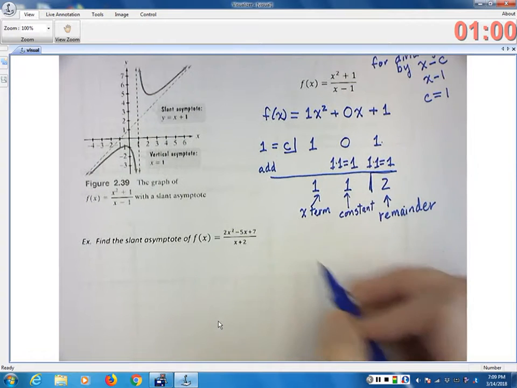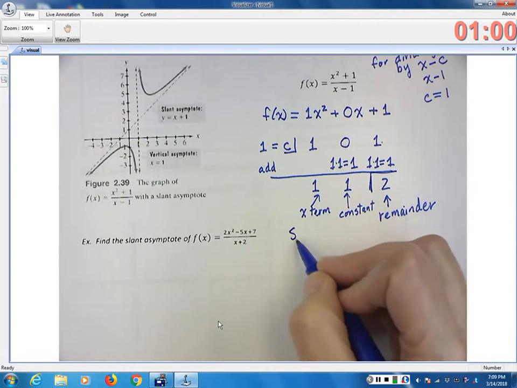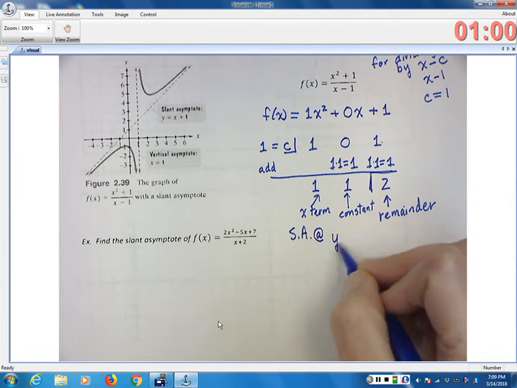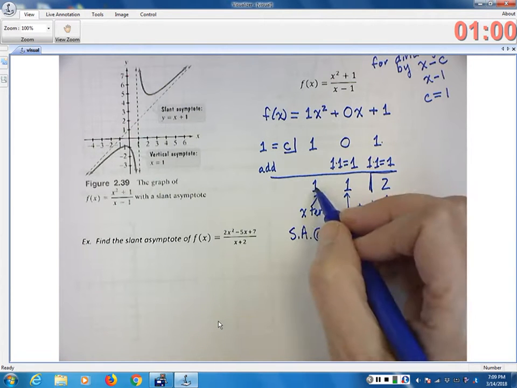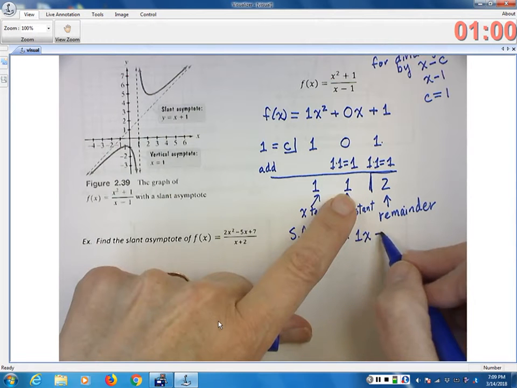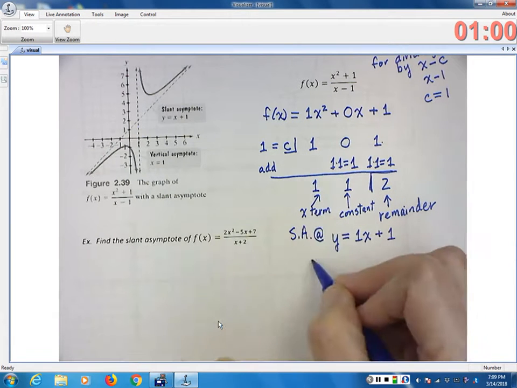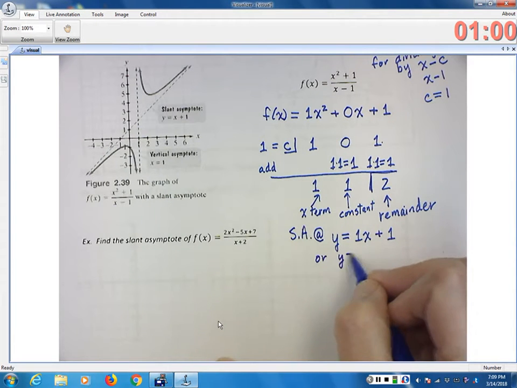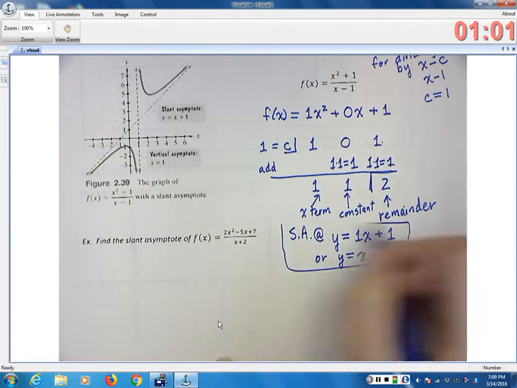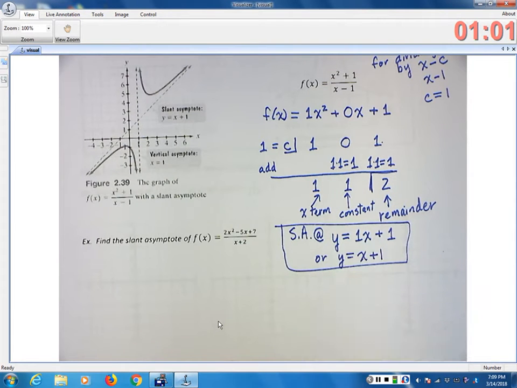So the slant asymptote at y equals 1x, and this was positive, so it's plus 1, or y equals x plus 1. You can drop the understood 1 if you want. That's how you can find your slant asymptotes.